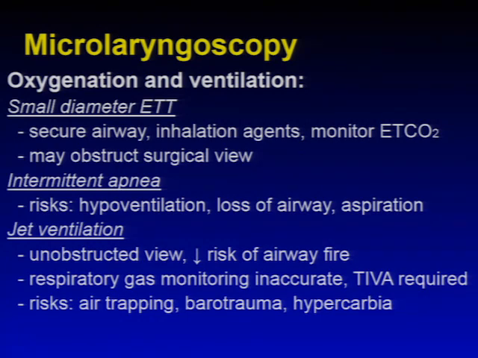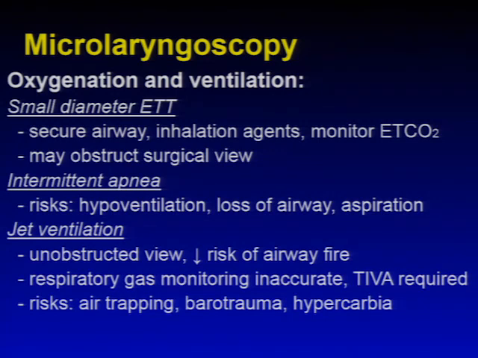One would be intermittent apnea, in which ventilation is provided to the patient in between short periods of surgery. It can be done for surgeries that are very, very quick, a few seconds or just a few minutes, with a significant risk associated with this, especially hypoventilation or inability to control the airway or the risk of aspiration for those patients.